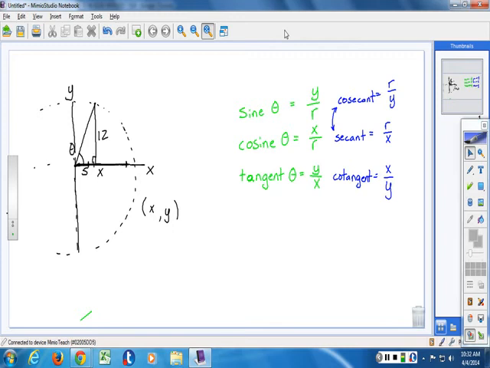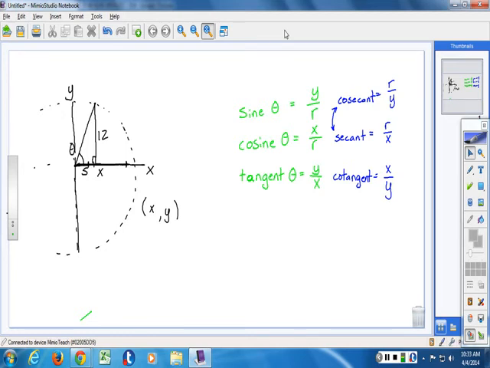So 5 and 12, what more do we need to finish the rest of the trig functions? R, which we can find using Pythagorean theorem. As long as we have an ordered pair, it's really not too hard to find the r value, the radius. And what would we do to find that? 5 squared plus 12 squared, and then take the square root. So as a formula, before we were using Pythagorean theorem, which was c squared equals a squared plus b squared.